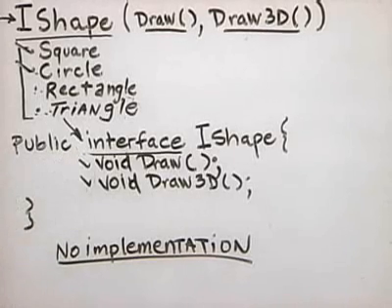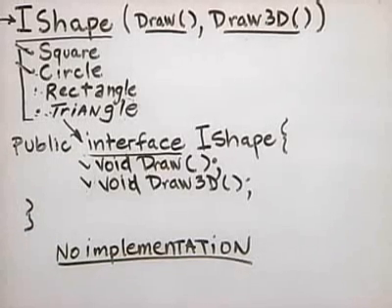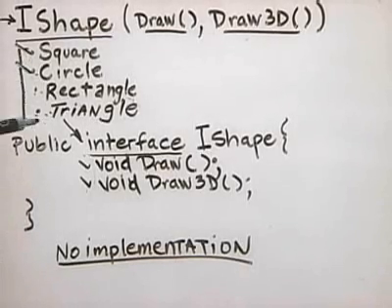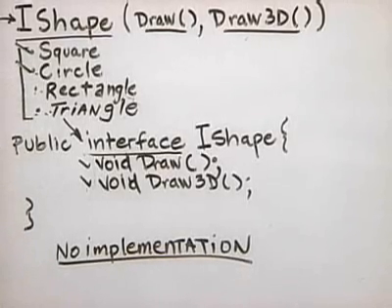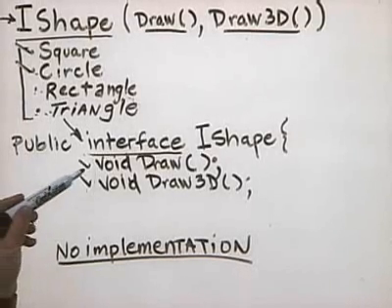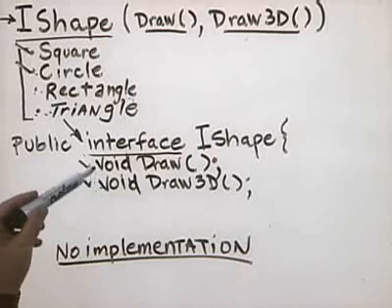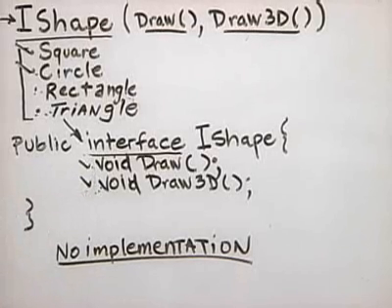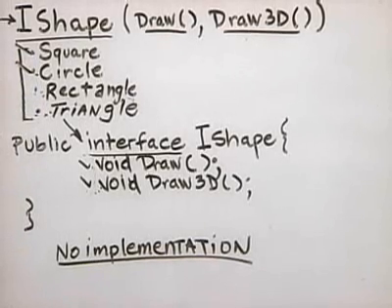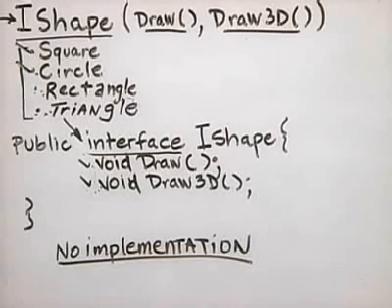So this interface provides a list of standard services or behaviors for all 4 of those classes. And when those classes actually implement the interface, they'll be writing code in both of those methods, but the code will be really different. So they have the same behaviors, but the implementation of those behaviors will be different.